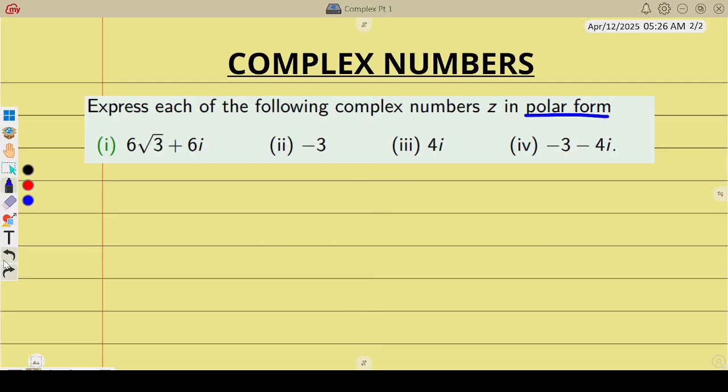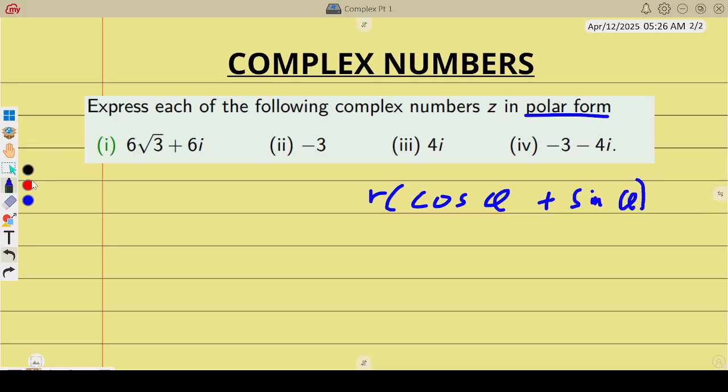Now we're going to talk about converting. We've said the polar form is given by r cos theta plus i sin theta.